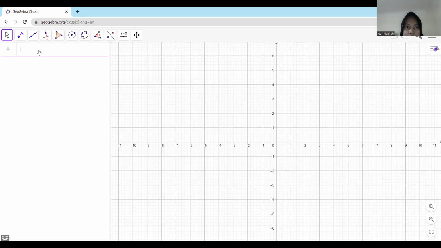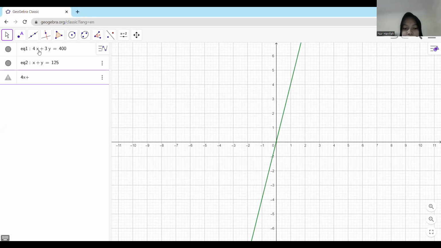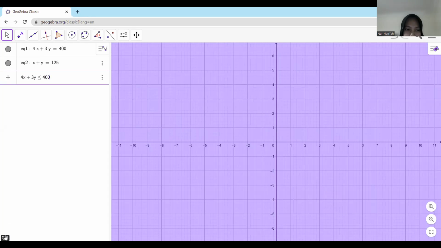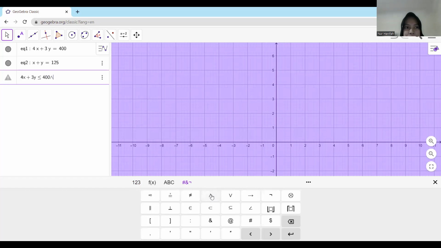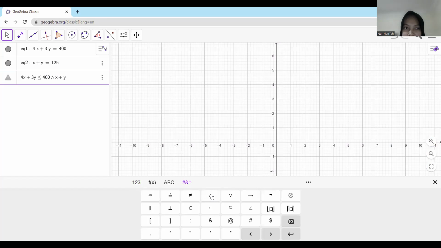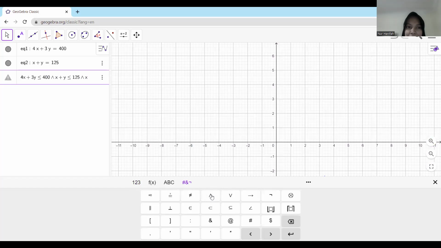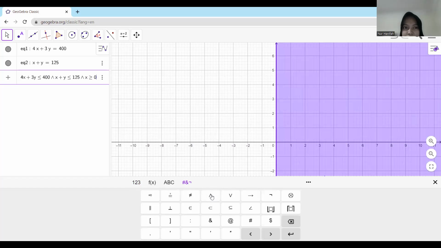We write the equation for 4x plus 3y equal to 400, and then x plus y equal to 125, and then the constraints: 4x plus 3y less than or equal to 400, and x plus y less than or equal to 125, x greater than or equal to 0, and y greater than or equal to 0.